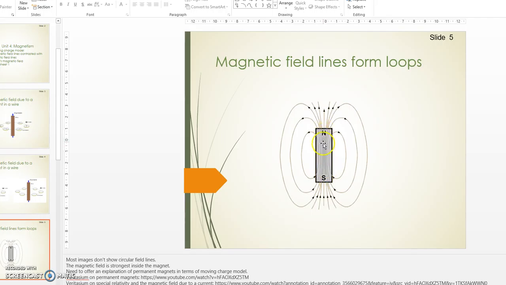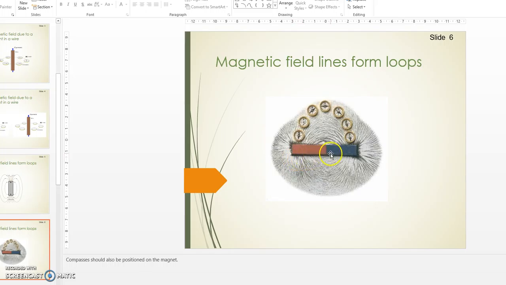Not only does the field go through the bar magnet, but you can see that the lines are very close together, so the field is actually very strong, strongest inside the magnet itself. And here you can see that the iron filing demonstrations don't help either, because they show the field around the magnet, but they don't show the field inside the magnet.